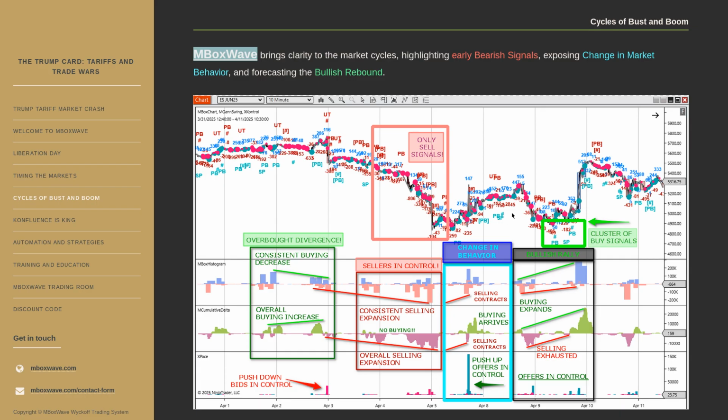There are patterns that happen in the markets, and if you can identify these patterns, then you can profit off of them. So remember Liberation Day, which was April the 2nd, which we see on this 10-minute chart.